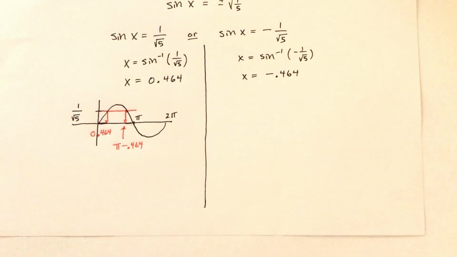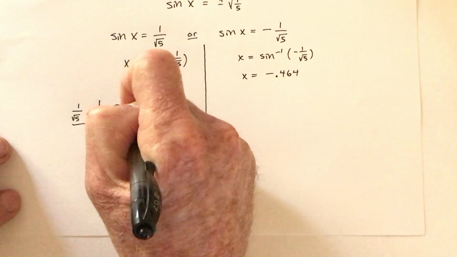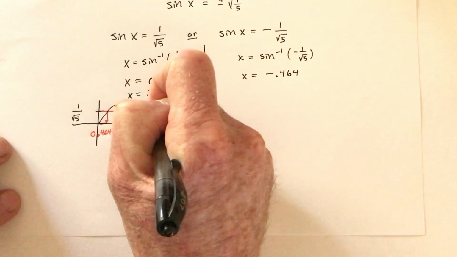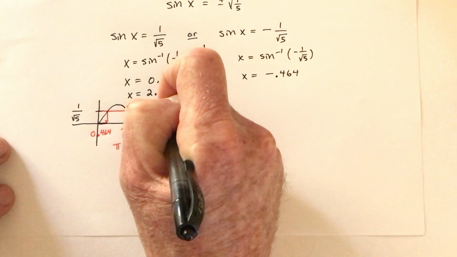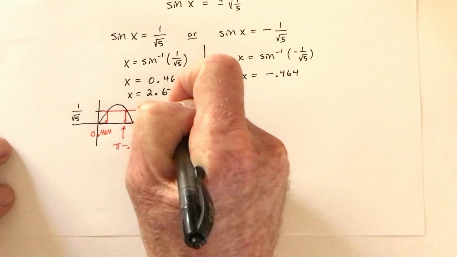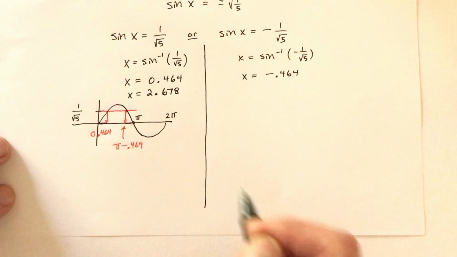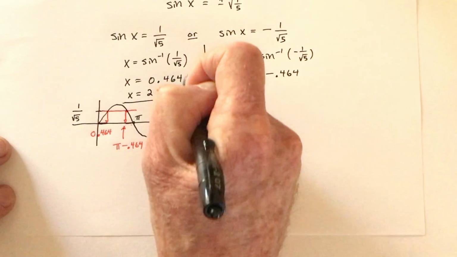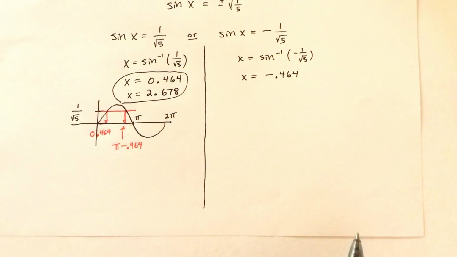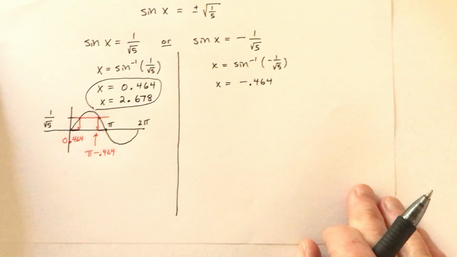So let me just do that off on this side so I don't have to adjust the contrast again. Pi minus 0.464 is 2.678. Oh, I like how they put that in order. 6, 7, 8. Whew. Look at that, we're almost done.